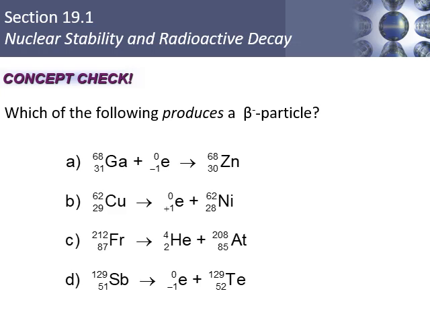Here's an electron with a negative charge, but it's on the wrong side of the arrow, so this is electron capture. So A is out, B is producing a positron, C is producing an alpha particle, and D is producing what? Well, we've got a -1 here, and it's on the correct side of the arrow, so the answer should be this one. Let's go to the next slide.